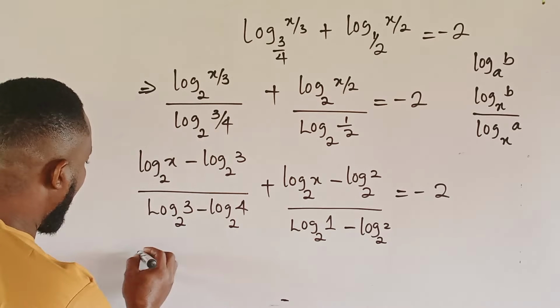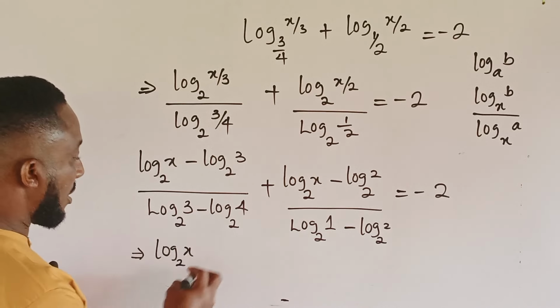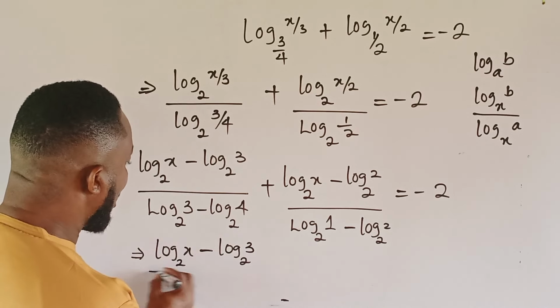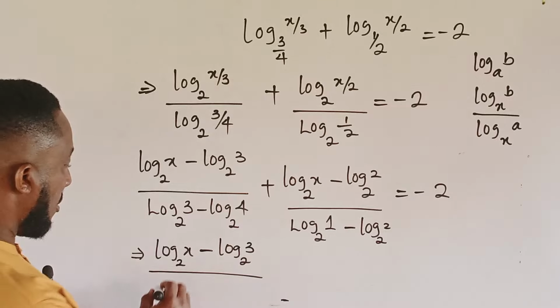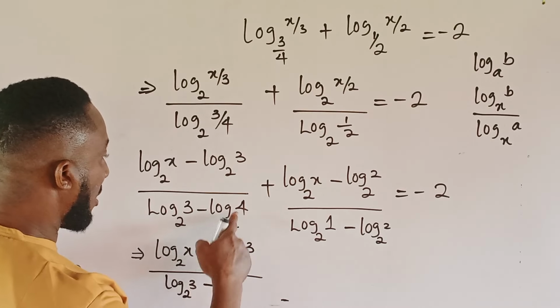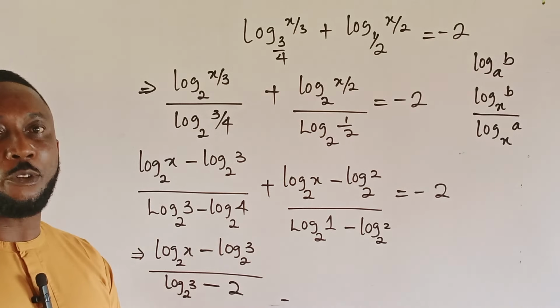So we can then rewrite this problem as log to base 2 of the argument x minus log to base 2 of the argument 3, all upon log to base 2 of the argument 3, then minus 2. Like I said, log to base 2 of the argument 4 is 2.